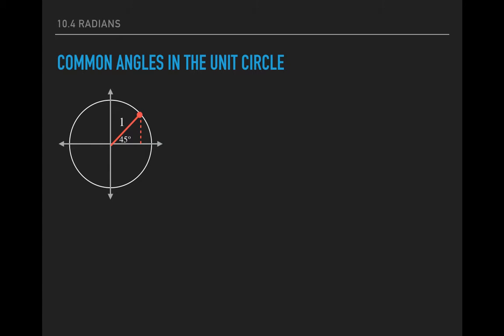The first common angle I want to talk about is a 45-degree angle. And that would create a triangle that was a 45, 45, 90. So those unknown side measures have to be the same. You could call them both a. So we're going to solve for the measure of those sides if our hypotenuse is 1.